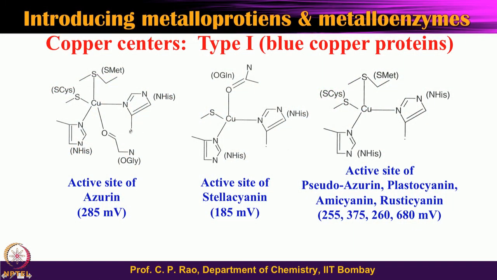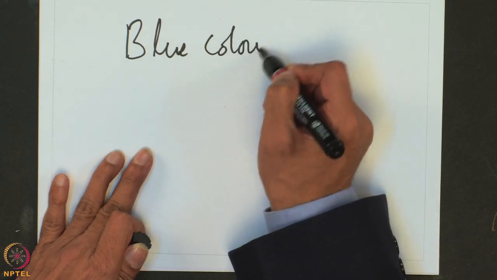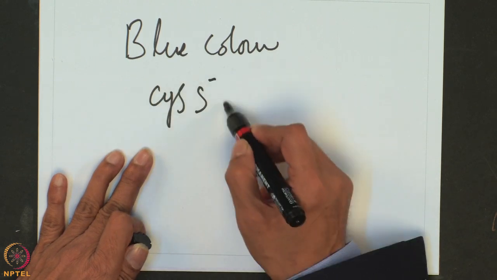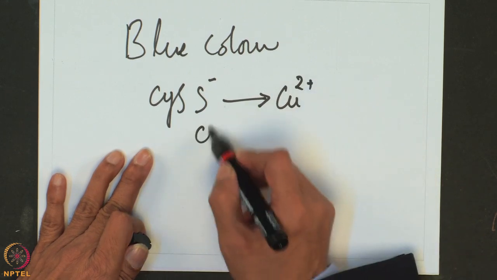So, copper 1 centers, a few protein structures are shown over here, and these are referred to as blue copper proteins. The blue color is coming from the cysteine sulfur minus to copper 2 plus charge transfer.